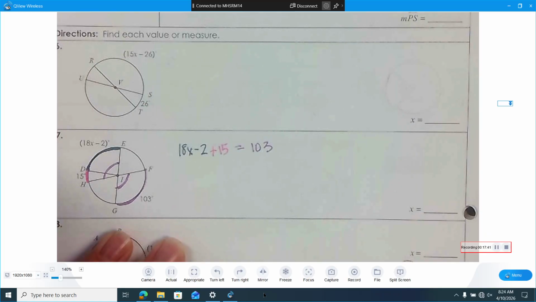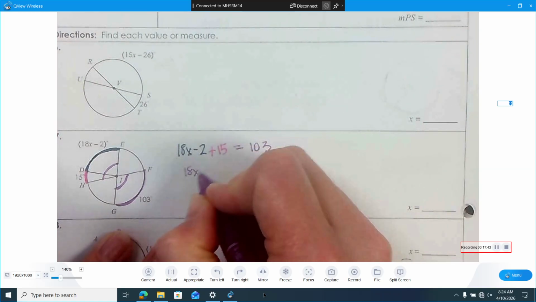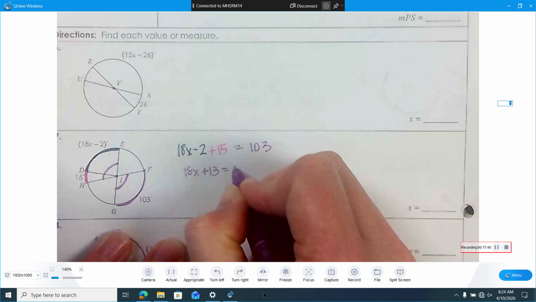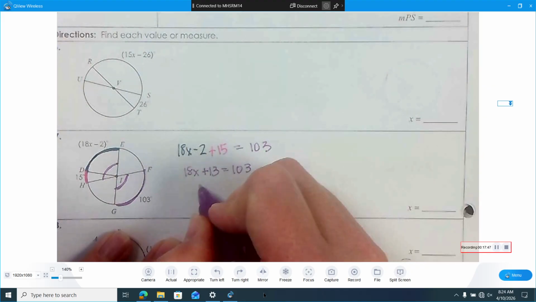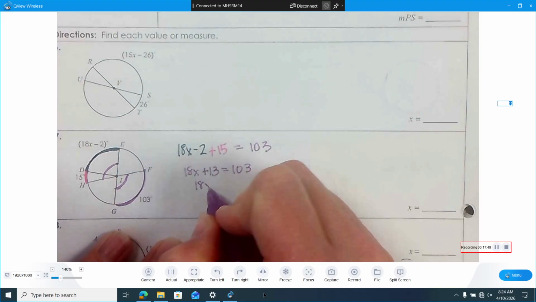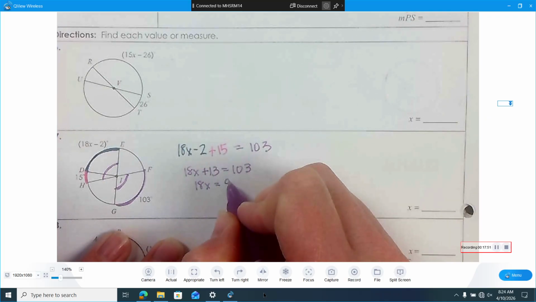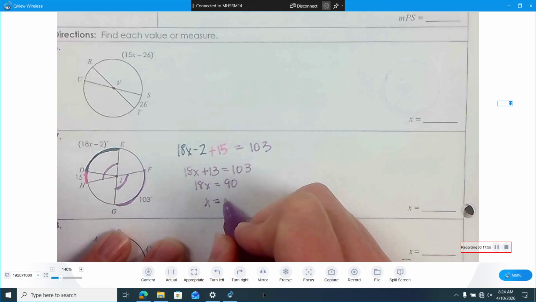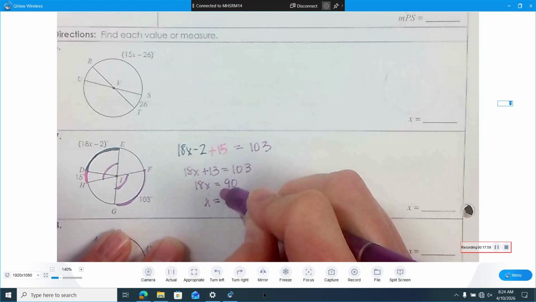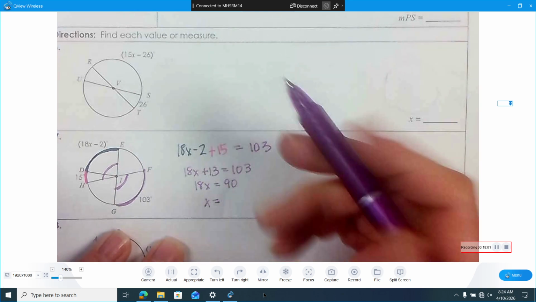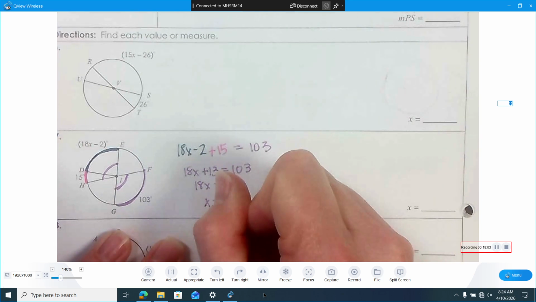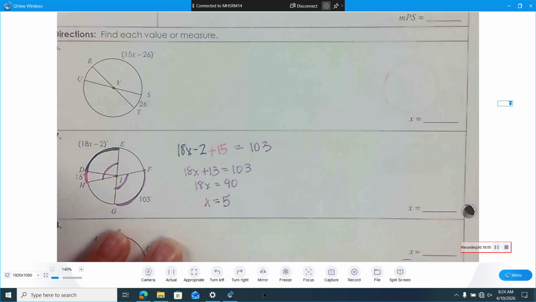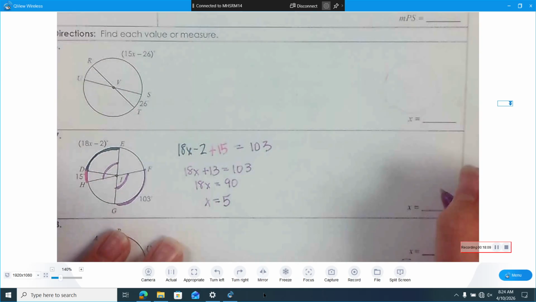Okay, let's see, that is 18x plus 13 equals 103. I'm going to subtract 13, get 90, and then divide by 18 and get 5. Okay.